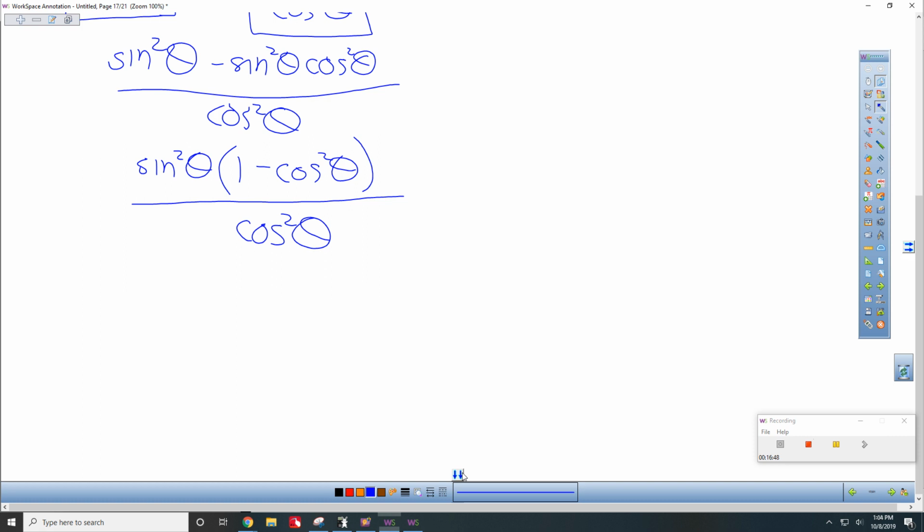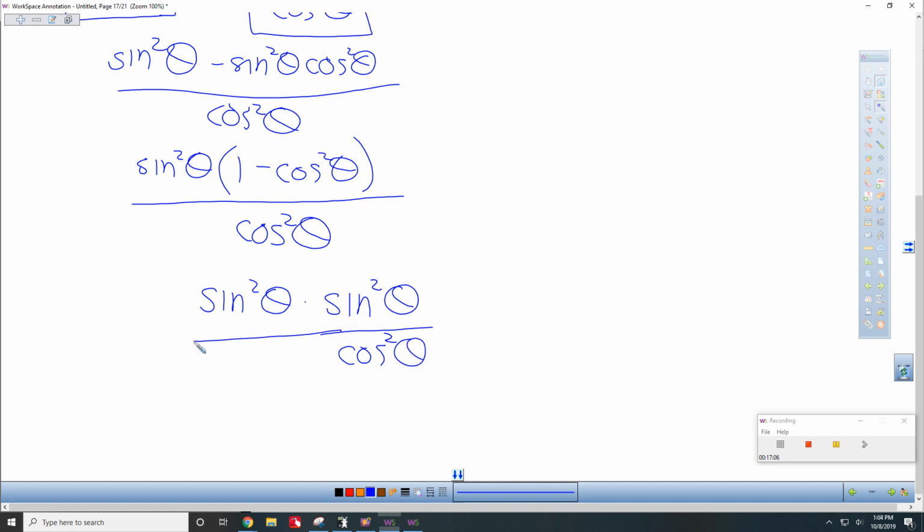That would be sine squared theta times sine squared theta over cosine squared theta. Oh, what's sine squared over cosine squared? That is tangent squared.